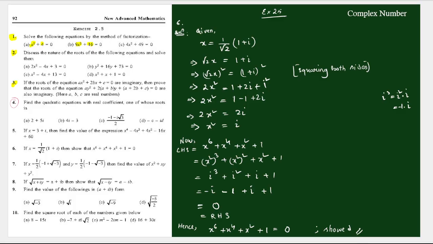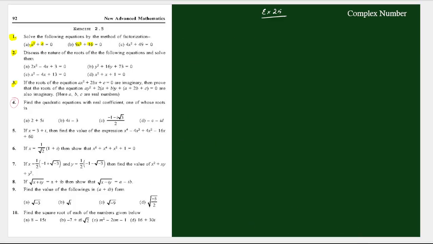Instead of that, what you can do, we have already known a plus b whole square. So what we have is x square plus xy plus y square. So this can be modified. This is something like a plus b whole square. a plus b whole square is what? 2xy.